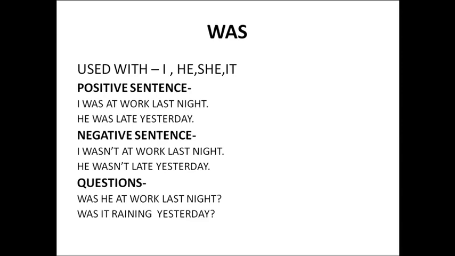Or some simple sentences like this can be, I was happy. He was sad. In a negative sentence, you can say, I wasn't at work last night. He wasn't late yesterday. And when you want to ask questions, you can say, was he at work last night? Was it raining yesterday?